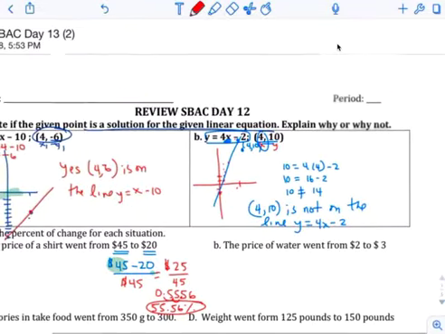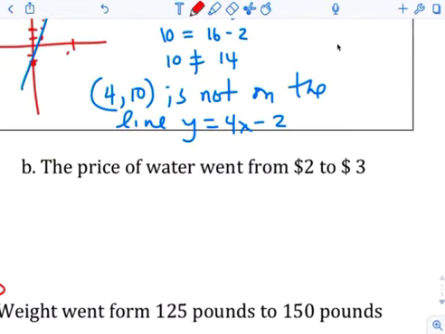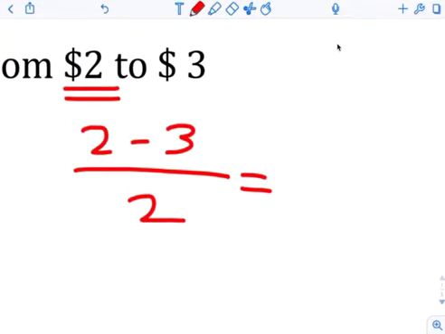Same thing. It went from $2 to $3. Went up. Over the original price. We pretend though these are all positive. We don't write it like this though. It went up to $3 from $2.